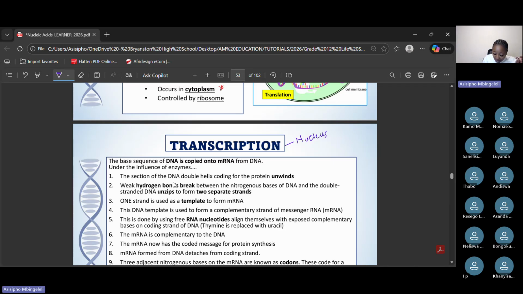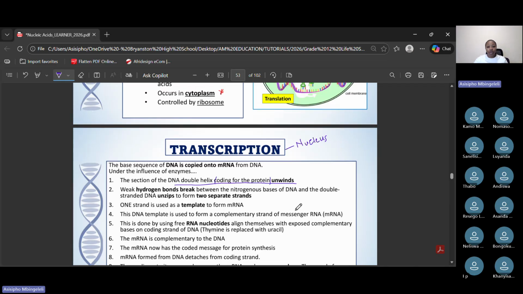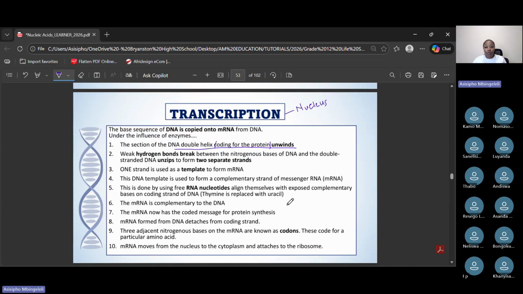The section of DNA double helix coding for proteins unwind. If you take it back to DNA replication, we said the same thing. We said the DNA double helix is going to unwind. The only difference here is this part, of which is not important. Even if you say the whole sentence without saying coding for proteins, you'll still get a mark.